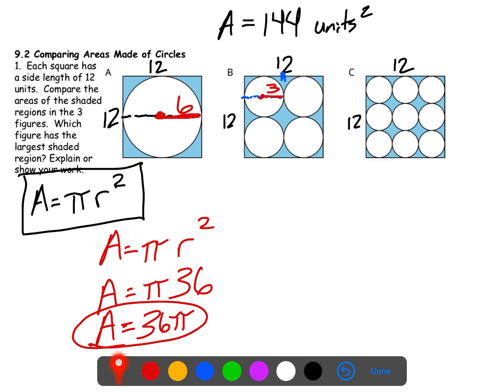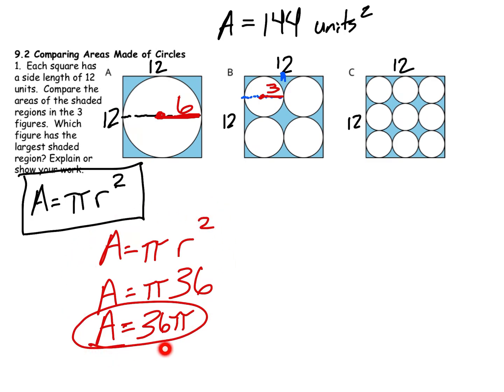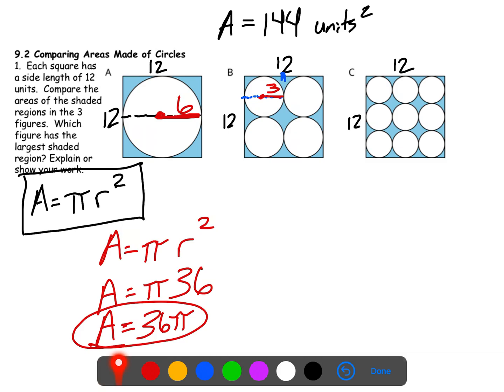All right, now I'm going to save some of the work here because here we did the same process with our formula. We're going to square our radius, multiply it by itself, and then multiply it by pi. So for figure B, we're going to take 3 times 3, 3 squared, which is 9, and multiply it by pi.